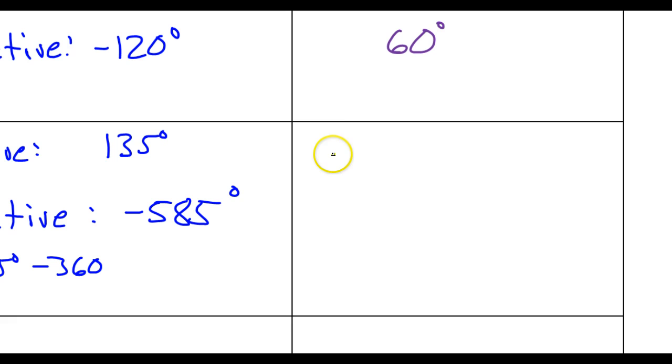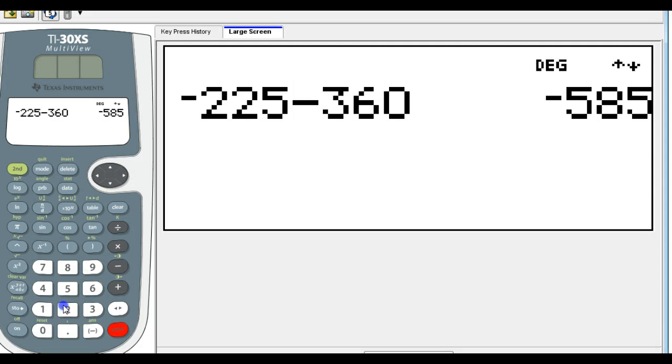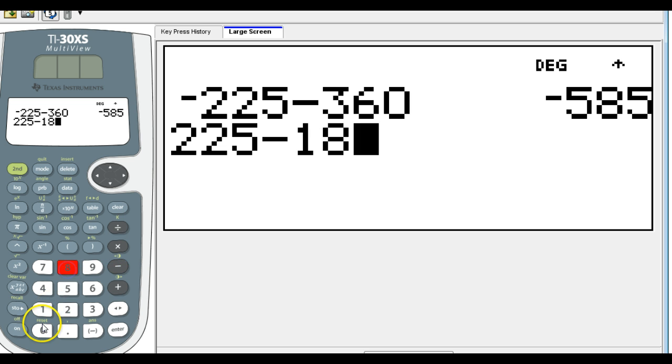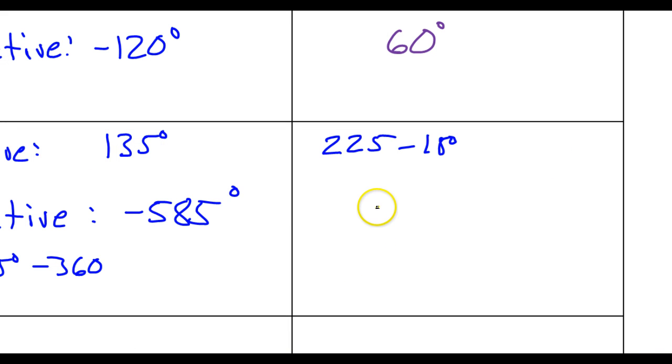So you don't really have to worry about the signs. You can just do 225 minus 180, and that's going to tell you how far over 180 you went. Okay, so that's going to be 45 degrees.